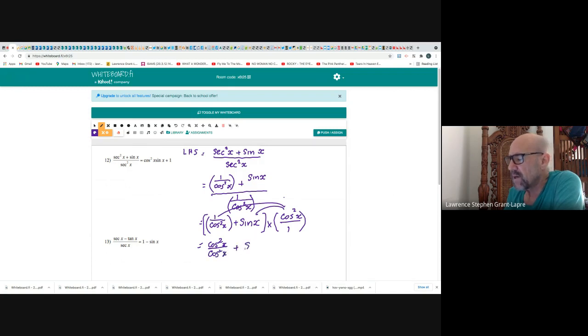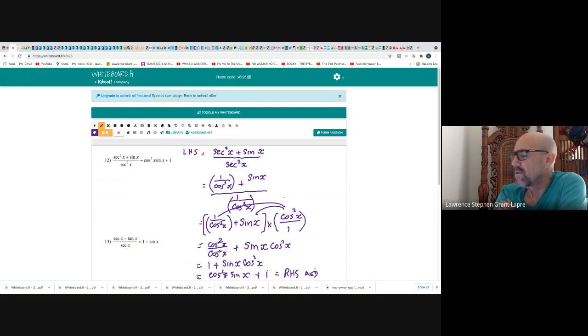And this would be sine x cos squared x. And 1 plus sine x cos squared x. And that's what we wanted. I'll just change the order, cos squared x sine x plus 1 equals right-hand side. And that's quod erat demonstrandum, as asked to show.